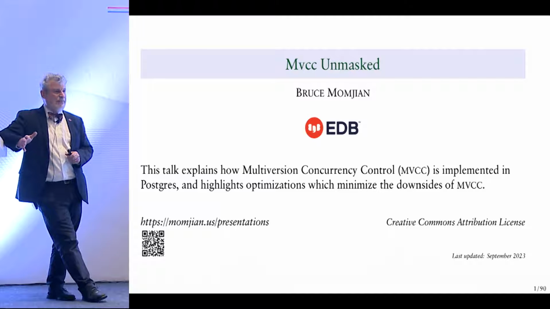He talked about different isolation levels. He talked about concurrency. He talked about why you'd want one or the other, and I thought that was a great sort of setup.